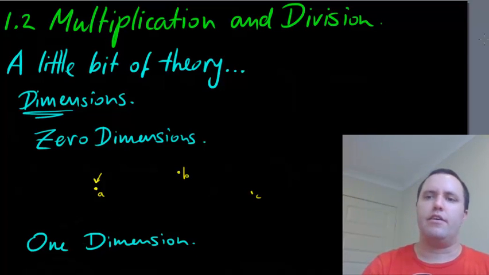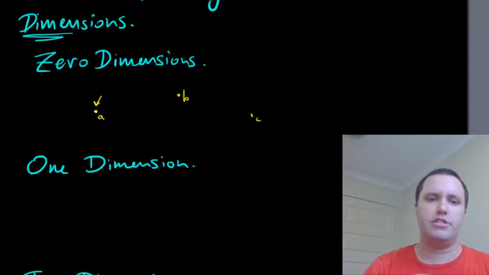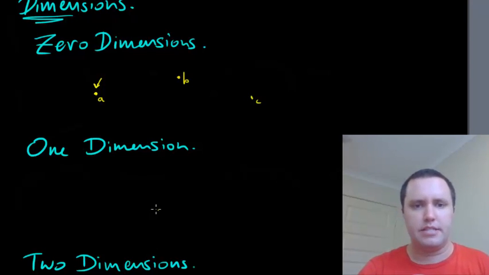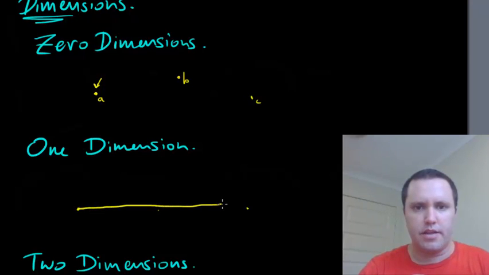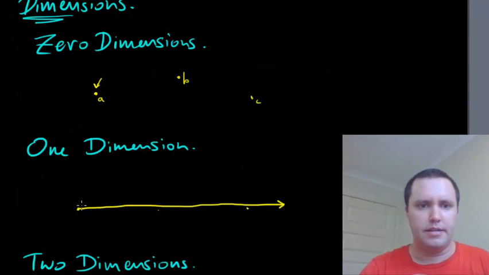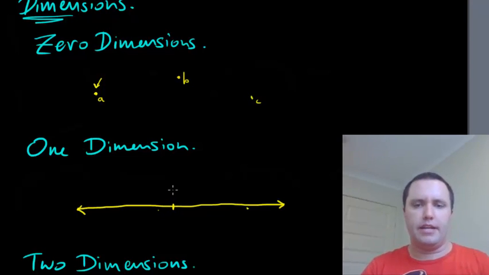Now obviously as we go up from zero dimensions, we come up into one dimension. So one dimension is when we've got a point here and some other point, and then we join those points together, and you might have seen these before. We call them a number line. The number line is probably the best idea of a one-dimensional plane, or a single dimension line that you've seen before.